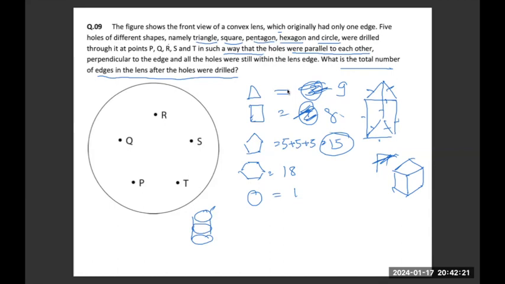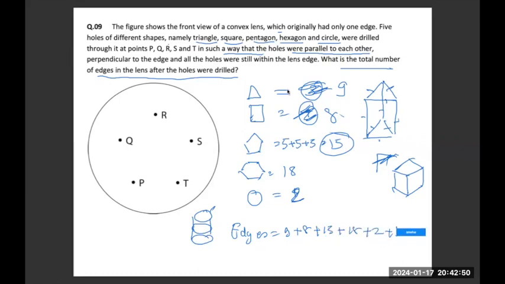What is the total number of edges in the hole after the holes were drilled? So the total number of edges that we are looking at: 9 plus 8 plus 15 plus 18 plus 2 plus 1.